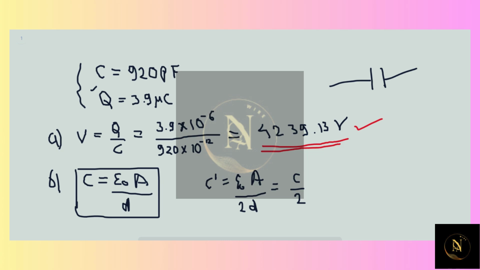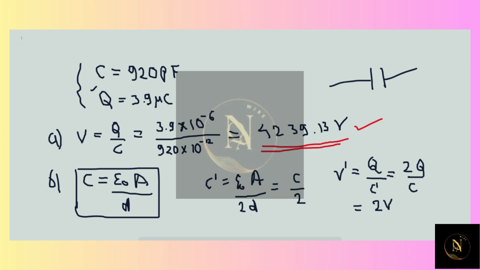And since the charge is constant, the new potential is going to be equal to Q divided by the new capacitance. If I put the value of the new capacitance here, it will be 2Q over C, which is nothing but 2 times the value of the initial voltage.